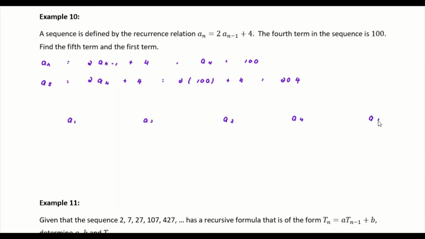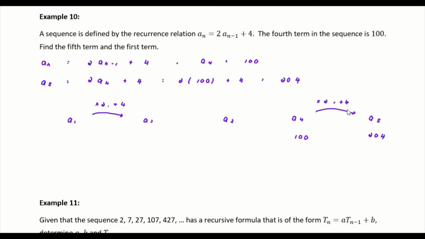We already have A4 and A5, which are 100 and 204. So how are we getting all these terms? It's multiply by 2 and plus 4. Am I right? This is how we can see the relationship between 100 and 204. When you times 2, you get 200, then you plus 4, you get 204.